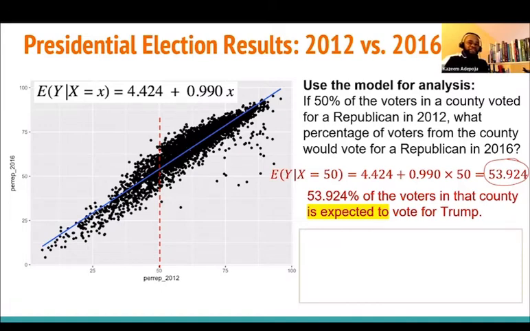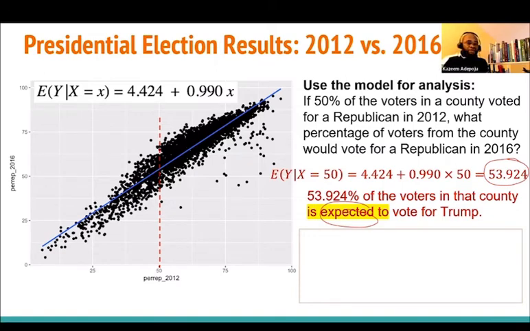If 50% voted for Romney in 2012, who happens to be the Republican presidential candidate, we expect, look at the word expected, that the Republican candidate in 2016, the former President Trump, received 53.924% in that county.